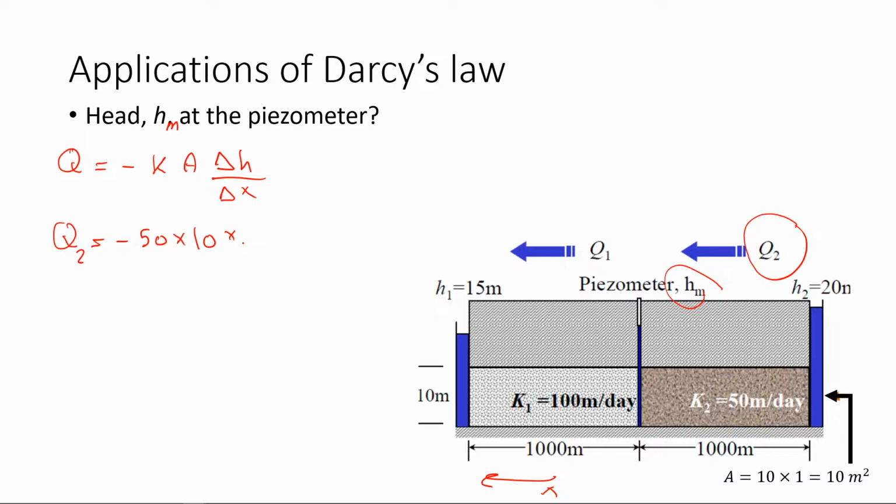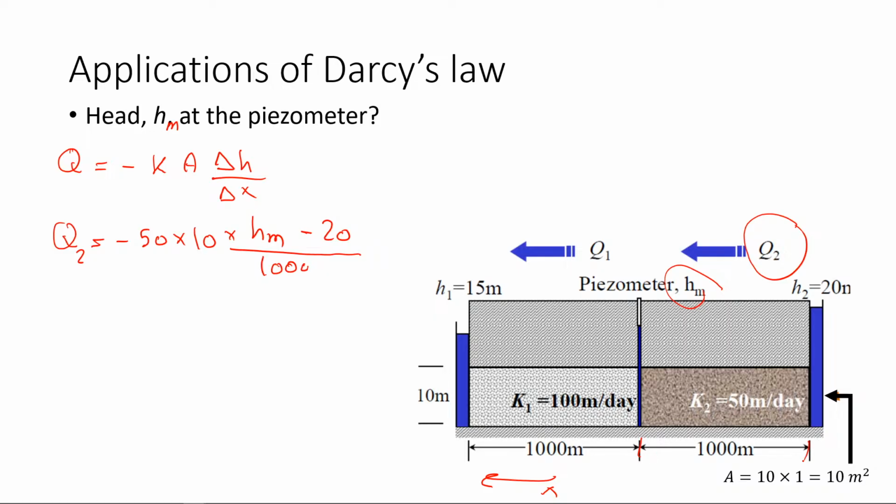Delta H is H2 minus H1. H2 is HM, minus H1, that's minus 20, over delta X, which is 1000 meter, from here to here.